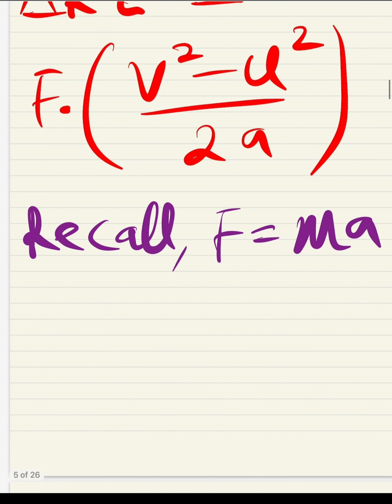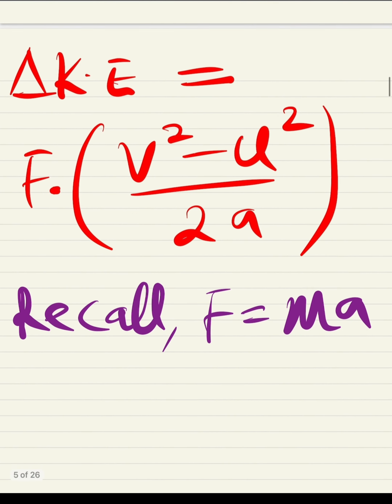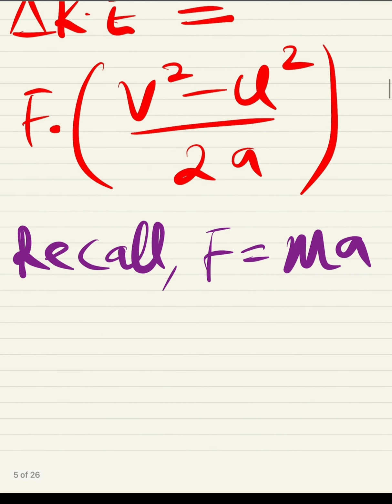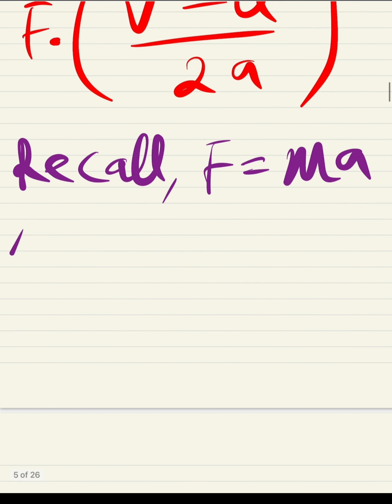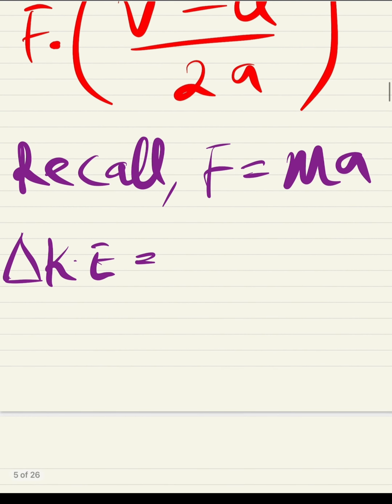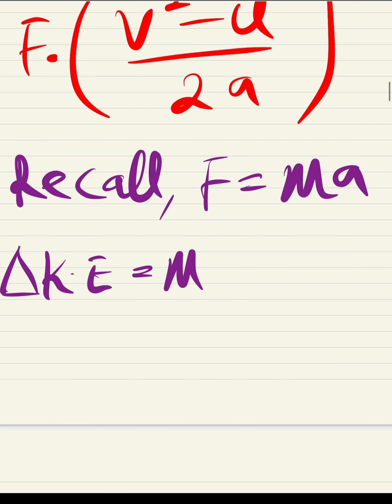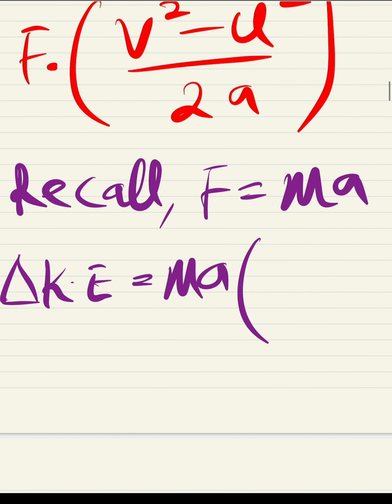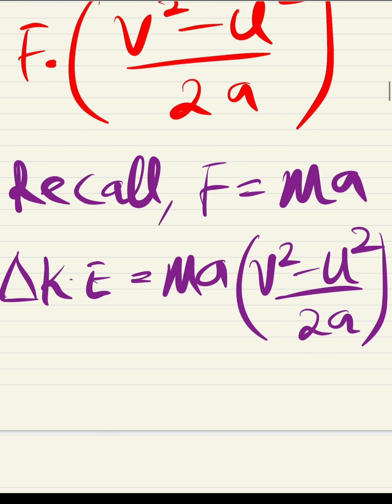So if you substitute that into this, you are going to have change in KE, which will now give us MA, which is for the F, which you are now going to multiply by V squared minus U squared all over 2A. That is what you are having.